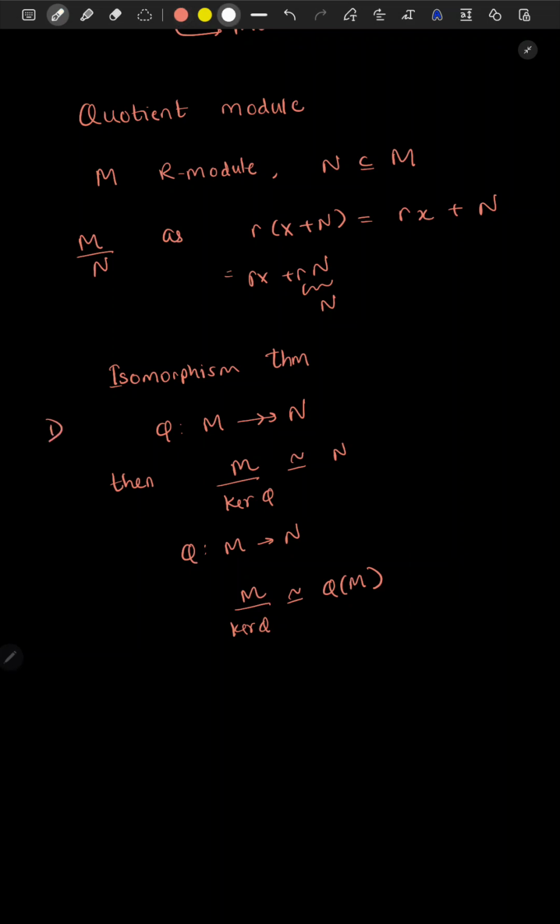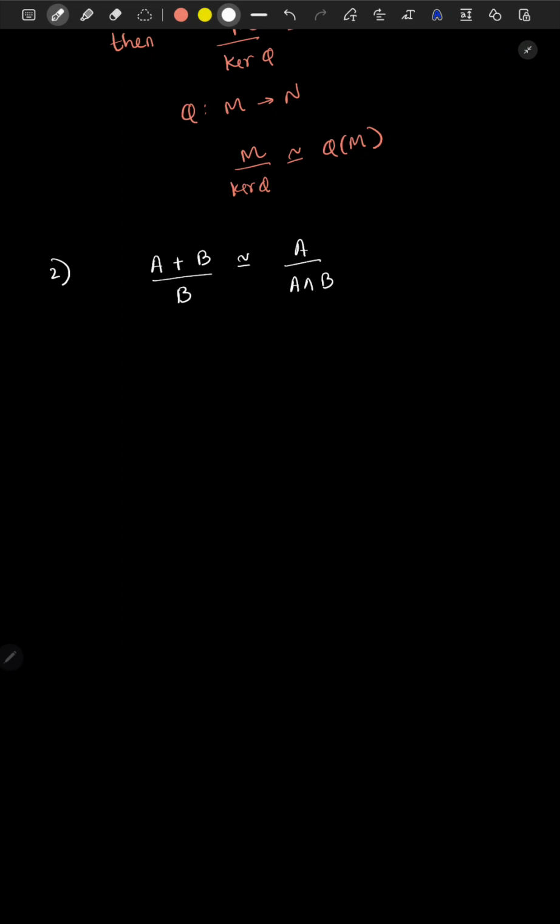The second isomorphism theorem is this. If A and B are submodules of M, then A plus B modulo B is isomorphic to A modulo A intersection B. Going forward, the third isomorphism theorem says that you can do some sort of cancellation.